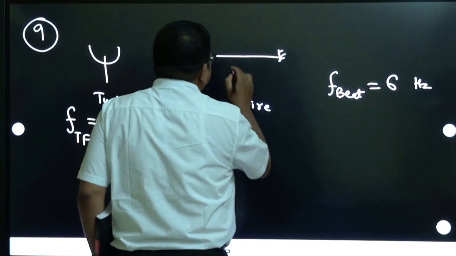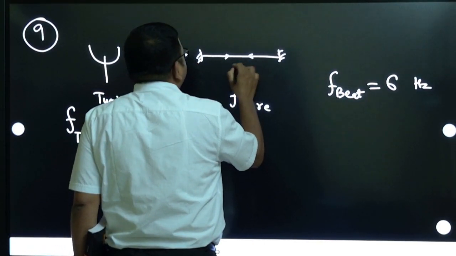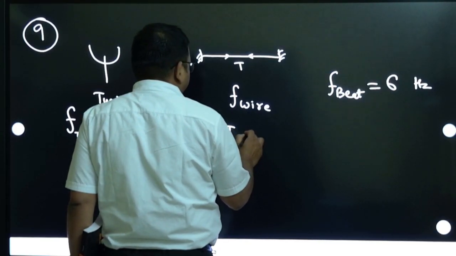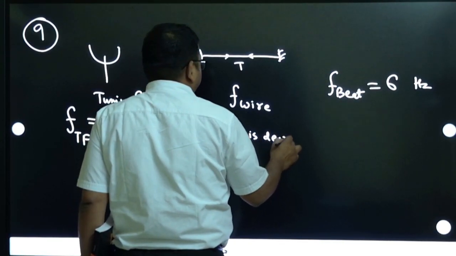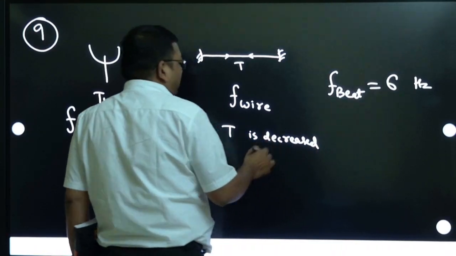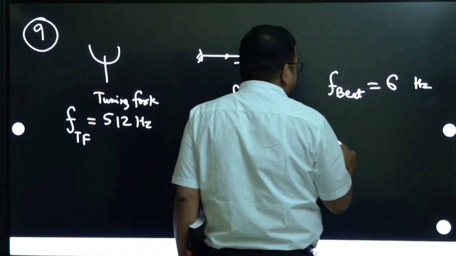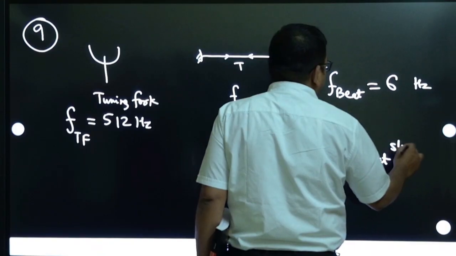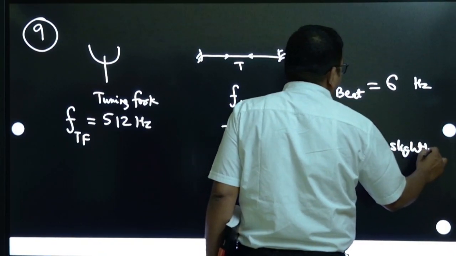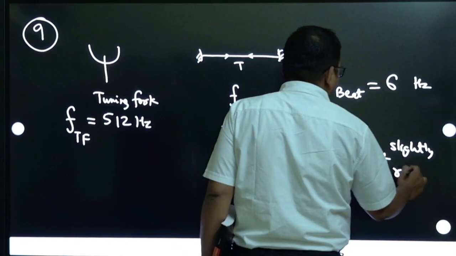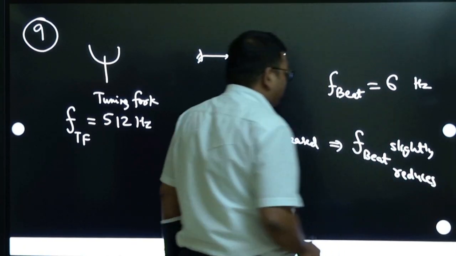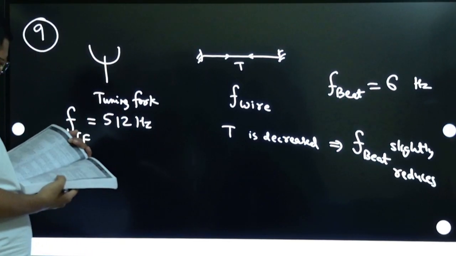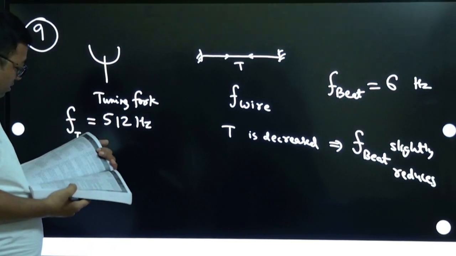Now they are saying that there is some tension in this string, this tension is decreased. If tension is decreased, the beat frequency slightly reduces.